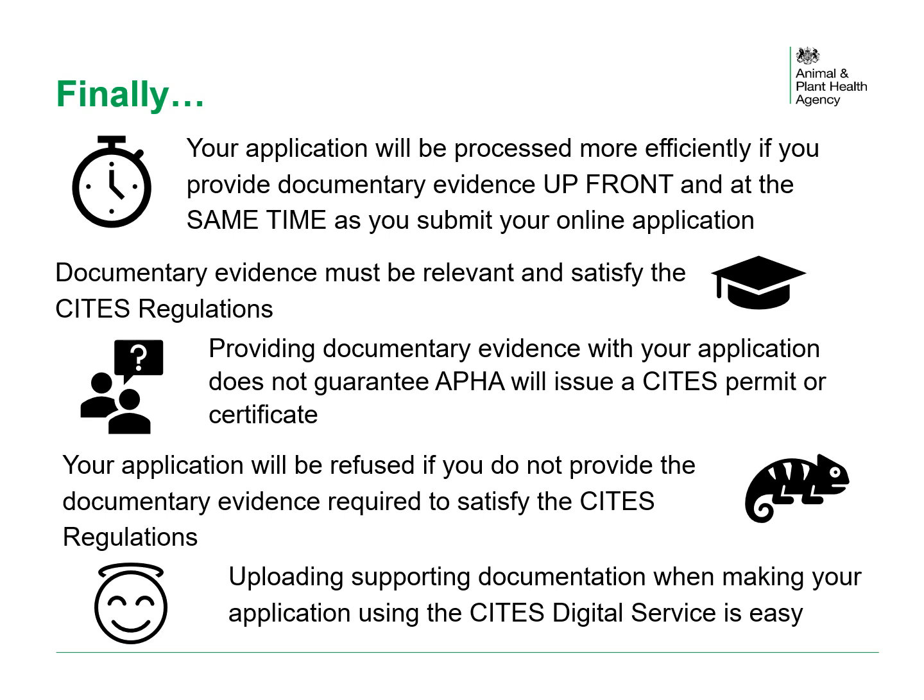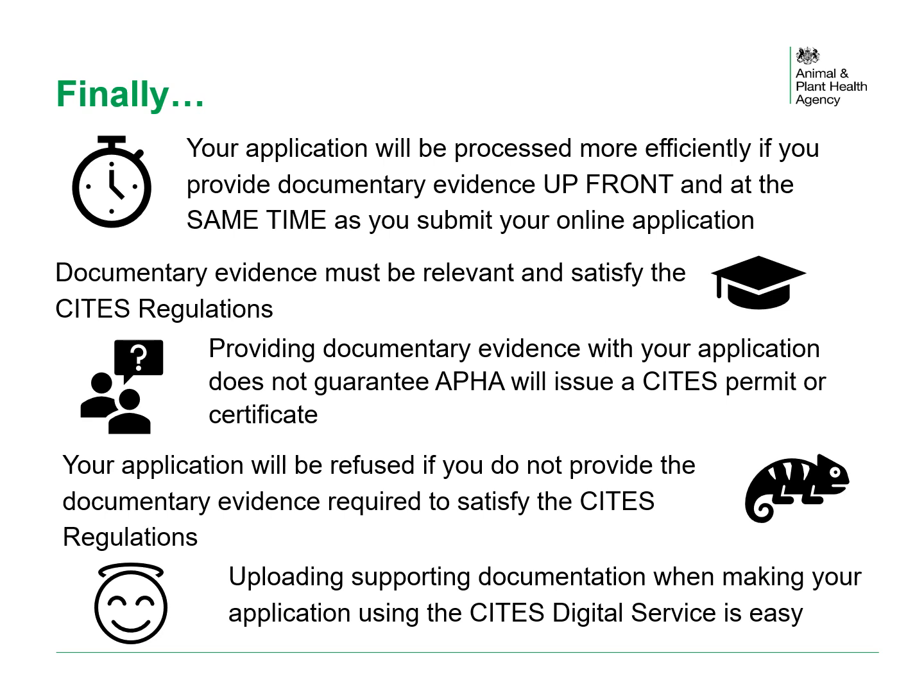Providing documentary evidence with your application does not guarantee APHA will issue a CITES permit or certificate. But not providing the required documentary evidence means your application will be refused, as you have not provided the information the CITES team need to make sure your application satisfies the CITES regulations.